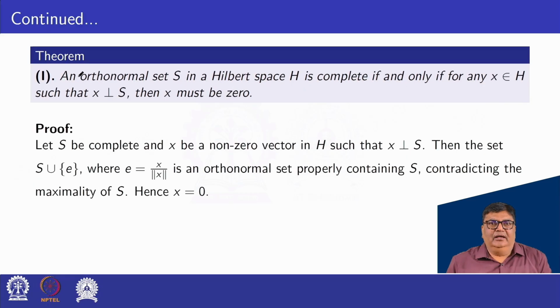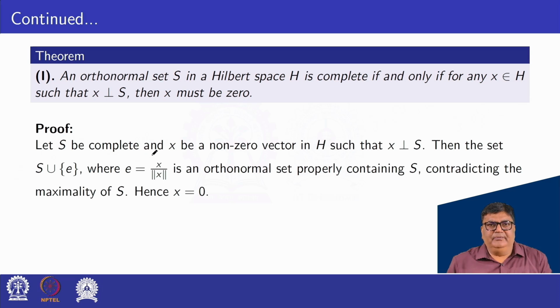Theorem. An orthonormal set S in Hilbert space H is complete if and only if for any x belonging to H such that x perpendicular to S, then x must be 0. Proof.